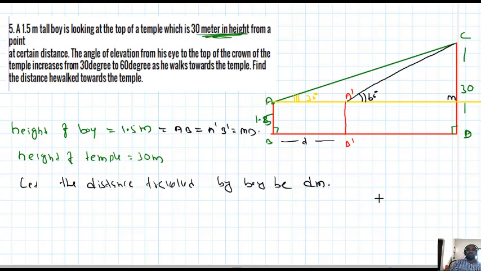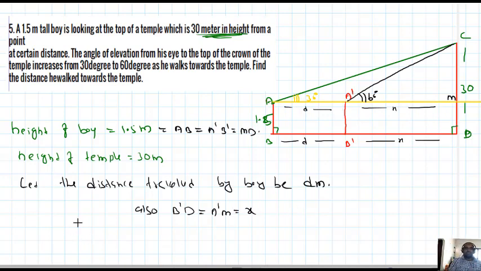Just we need to find d meters, that's all. Also, B dash D equals A dash M equals some x. This is x, this is also x, this is also d only.